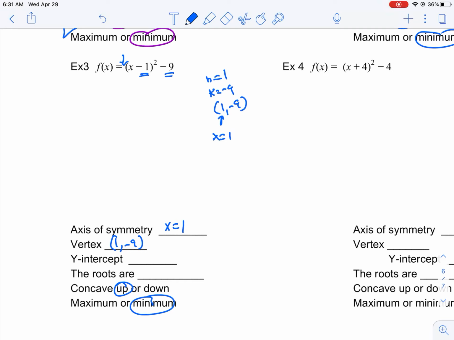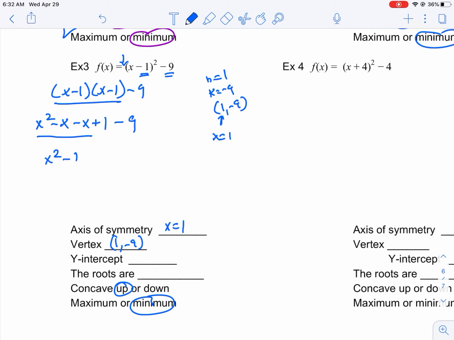Now we have to find the y-intercept and the roots. So let's multiply this out. We got (x minus 1) times (x minus 1) minus 9. So this becomes x squared minus x plus 1 minus 9. Okay?